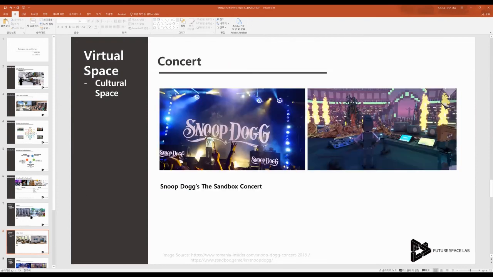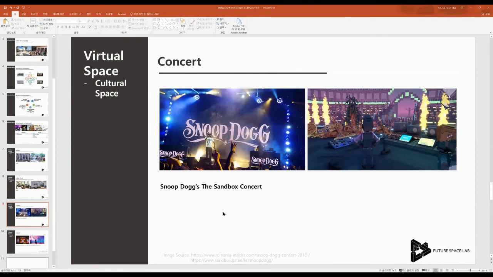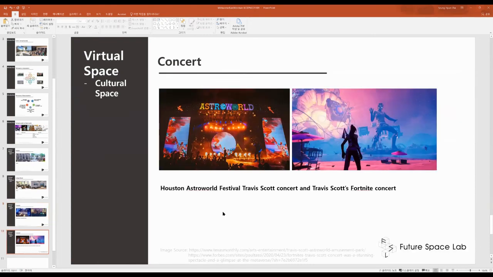So I can show one example of metaverse architecture. On the left-hand side is the Houston Astroworld Festival Travis Scott concert, and on the right-hand side is the very popular one from two years ago, in 2020, when Travis Scott had a concert on the Fortnite platform. There were about 100 million people who joined this concert, as far as I know.